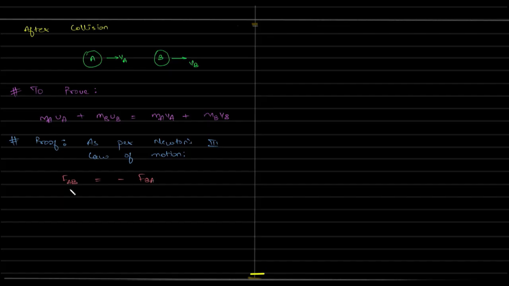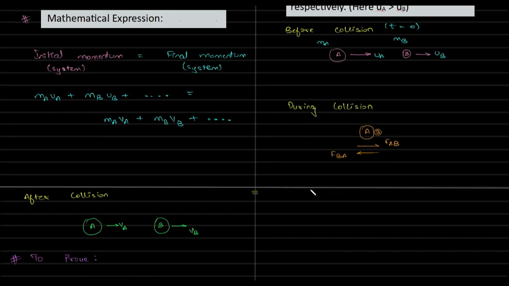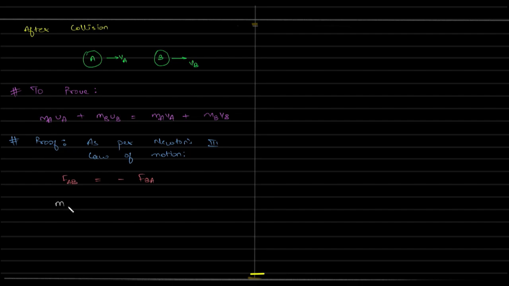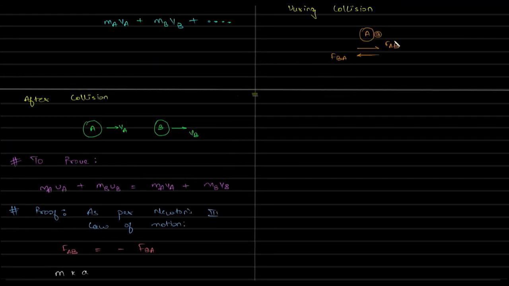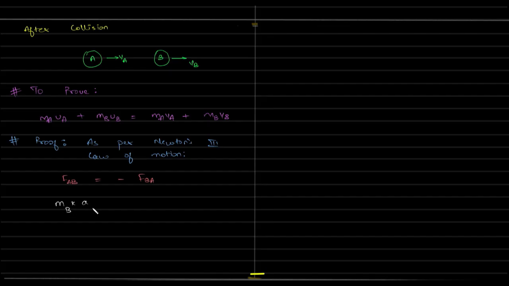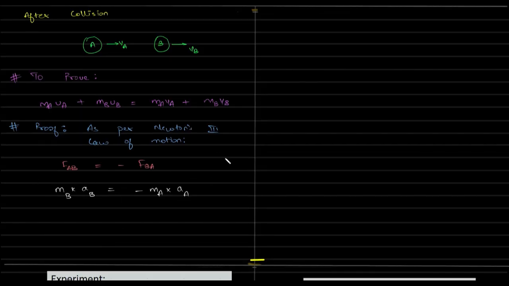This is nothing but the force exerted on B because of A, and this is the force exerted by B on A. We know that force is nothing but mass into acceleration. So FAB here is the force exerted on B by A. That would be mass of B and the acceleration that would happen in B after the collision. This would be equal to MA into AA. We're just writing individually what will happen. That's it. Don't think too much.